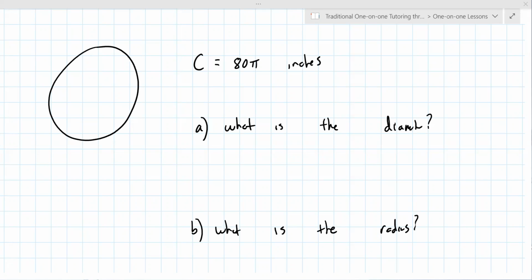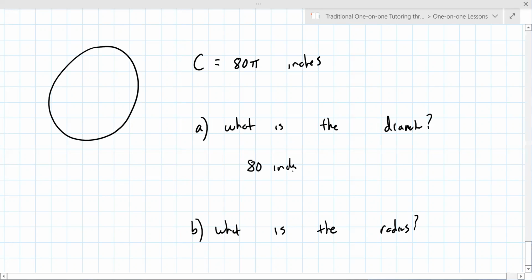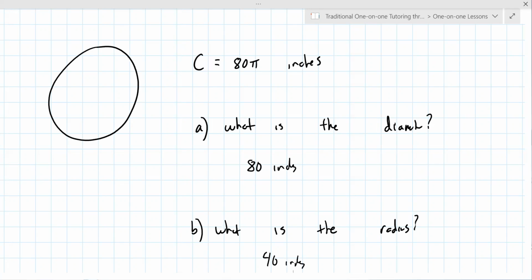Now for that right there, what is the diameter? 80 inches. The diameter is 80 inches. Good. And what is the radius? 40 inches. Very good. All right, I do think you're understanding this.